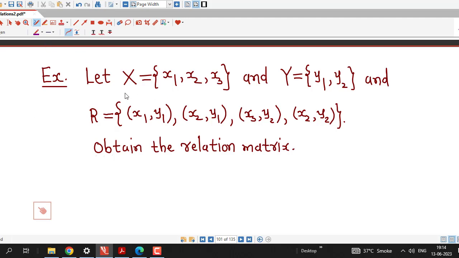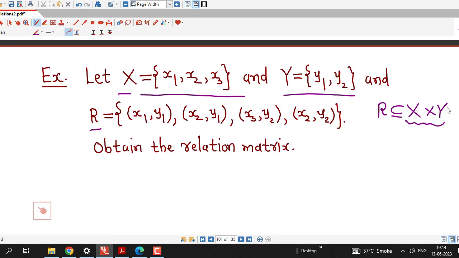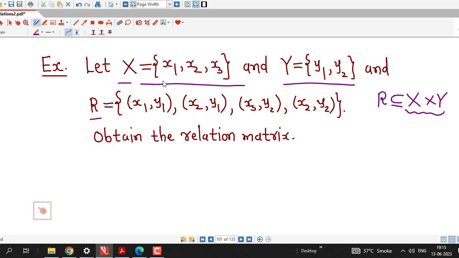Here I have taken two sets: a set having three elements x1, x2, x3, and a set having two elements, say y1 and y2, and R is a relation from X to Y. We can see that all the ordered pairs of relation R are ordered pairs from the Cartesian product X cross Y. That is, R is a subset of X cross Y, therefore R is a relation from X to Y. Now, to find the relation matrix, first we have to concentrate on which set our relation is from and to which set.